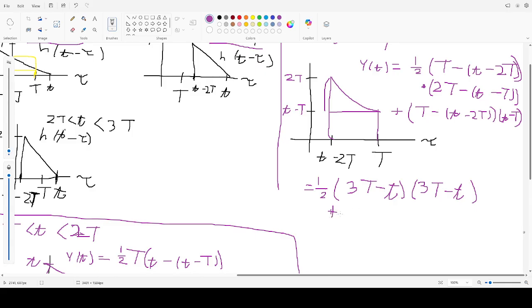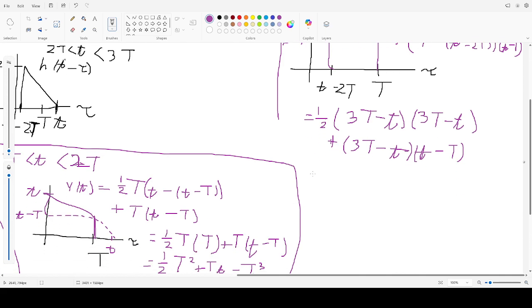Plus big T minus 2 big T, again 3 big T minus little t, times little t minus big T. And then we FOIL everything. 1/2 times 9 big T squared minus 6 big T little t plus little t squared. So we're just FOILing there.